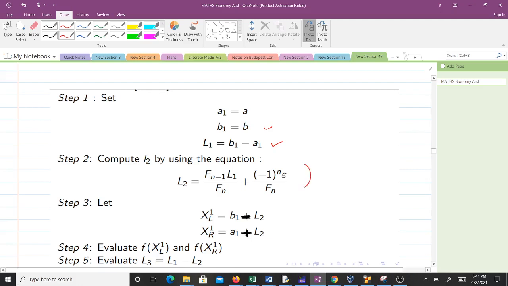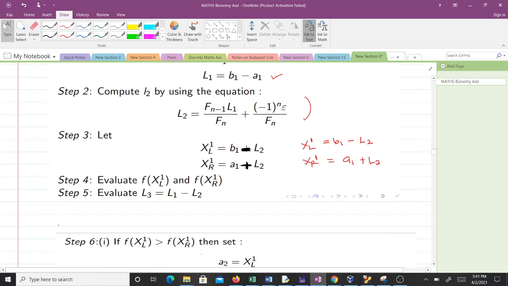After doing that, in step 3, we let XL, the one here stands for the first iteration, be equal to B1 minus L2, and we let XR, the first iteration, be equal to A1 plus L2. Okay, so after that, in the fourth step, we evaluate f of XL1 and f of XR1. So after doing that, our L3 is L1 minus L2.